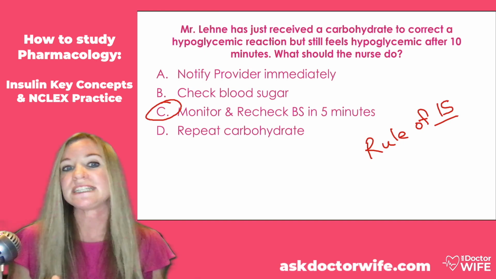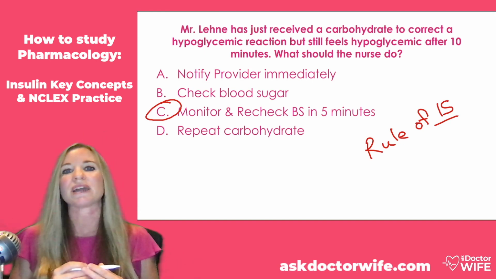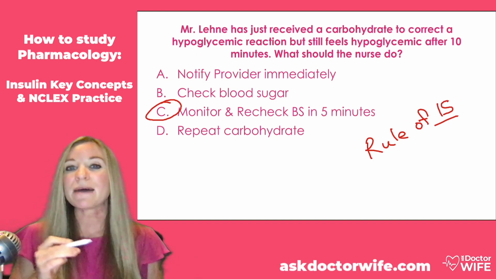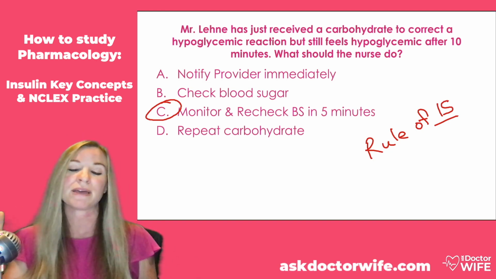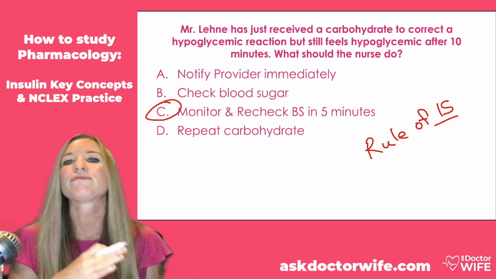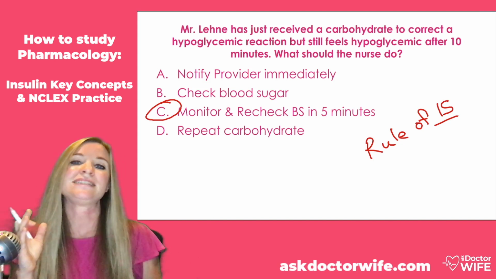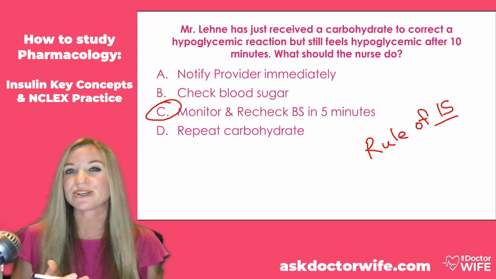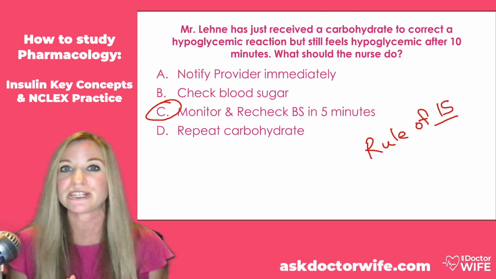If we chose D to repeat the carbohydrate, well, if we gave him another 4 ounces of juice, that blood sugar would continue to climb. And the goal is not to take it from low to high, it's to take it from low to normal. And so we don't want to repeat the carbohydrate until we know how high that blood sugar is going to get from the first intervention.